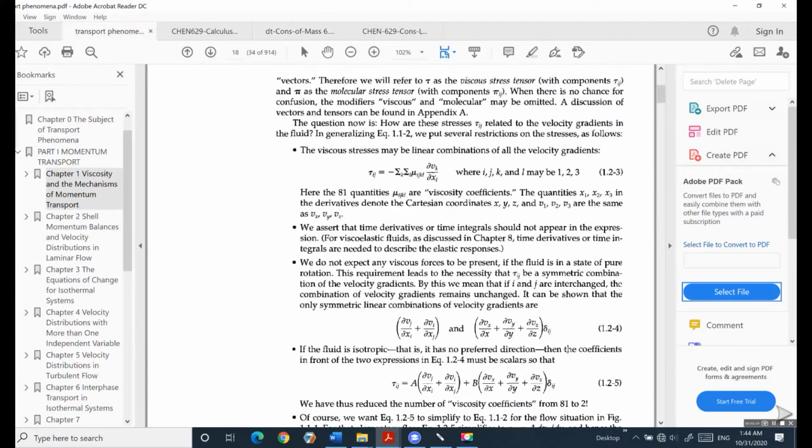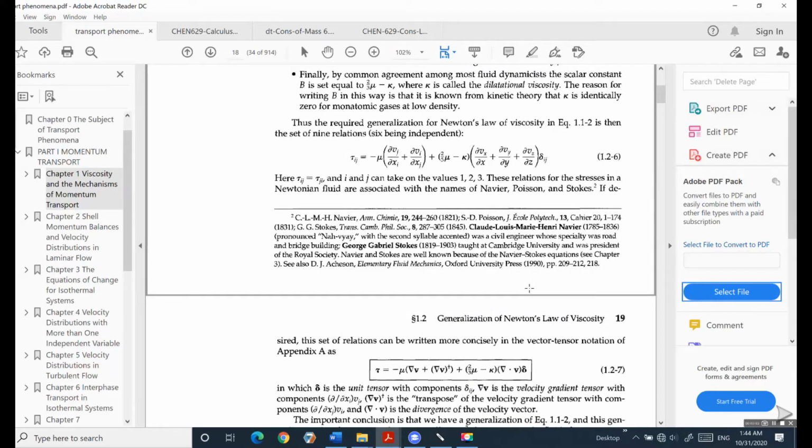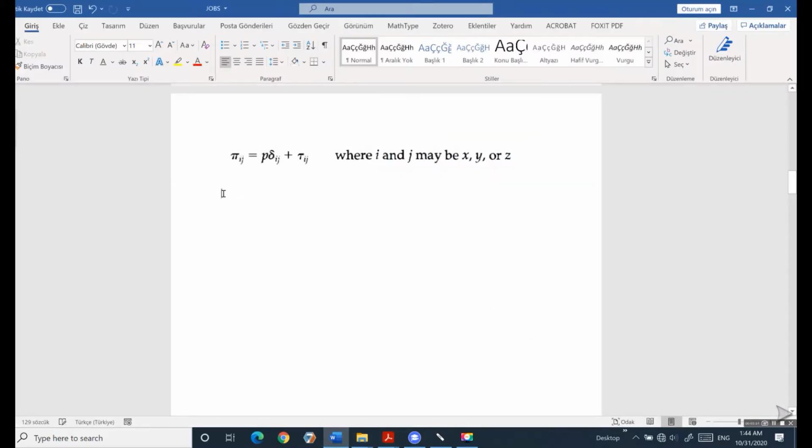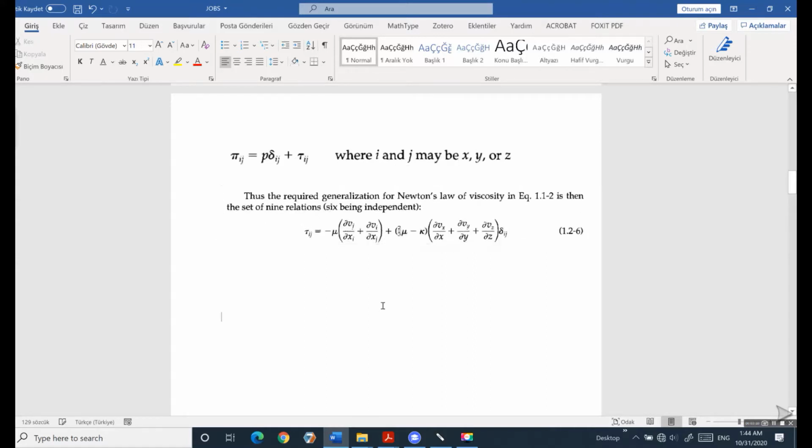Okay, now we obtain another relation. This topic is the generalization of Newton's law of viscosity, and this relation gives Newton's law of viscosity for the viscous forces acting on the fluids. This is the open form.